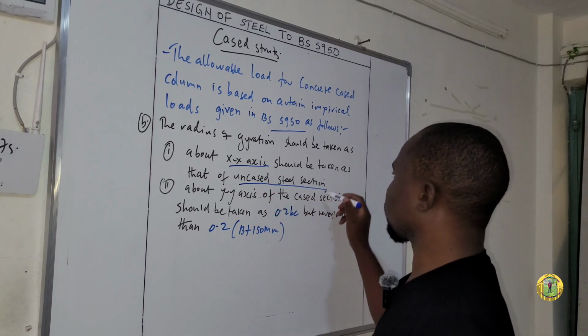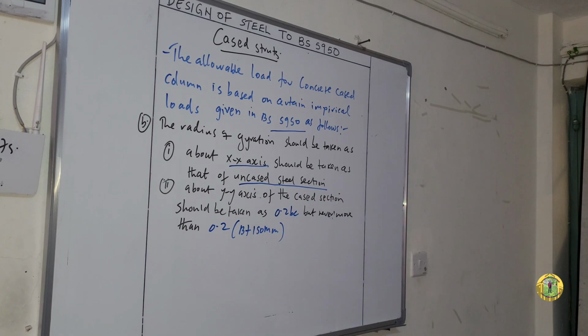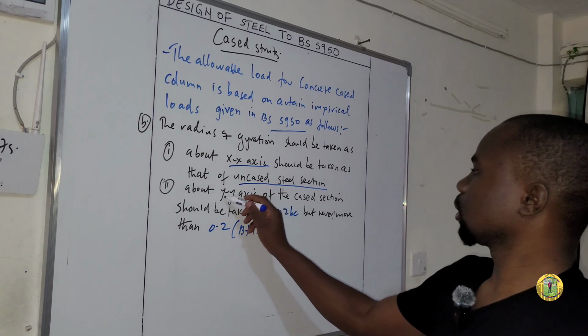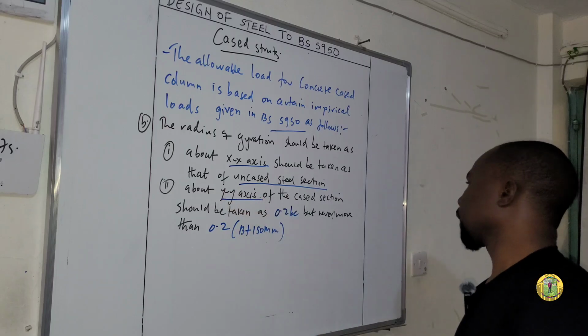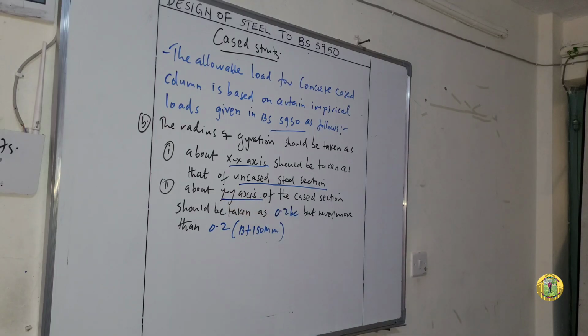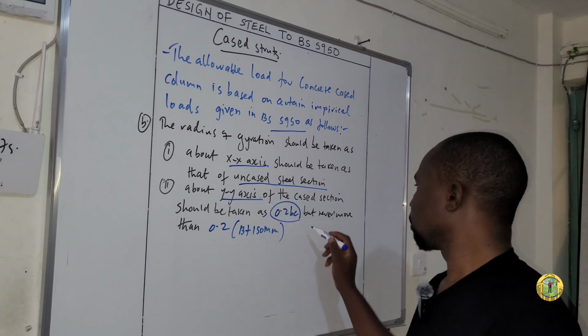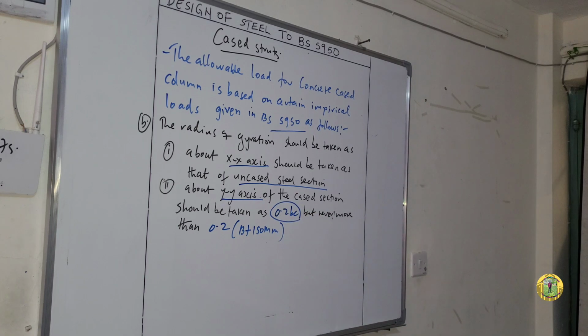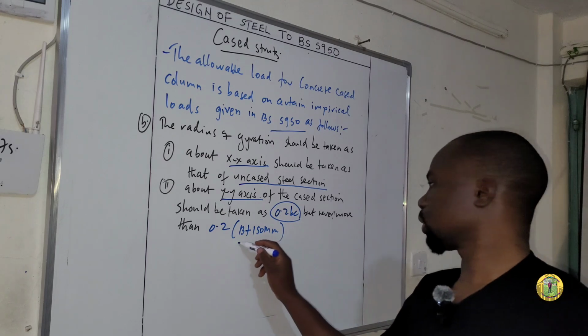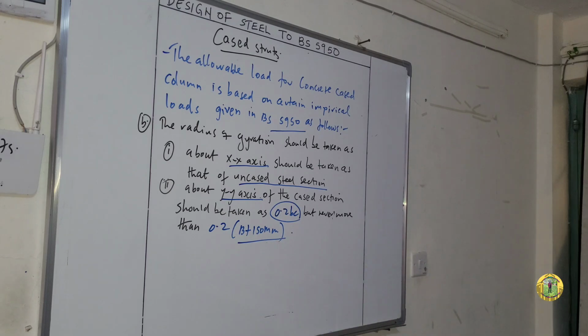The one for uncased section will be the same as the one for cased section. About y-axis of the cased section, it should be taken as 0.2 BC, but never more than 0.2 into bracket B plus 150.